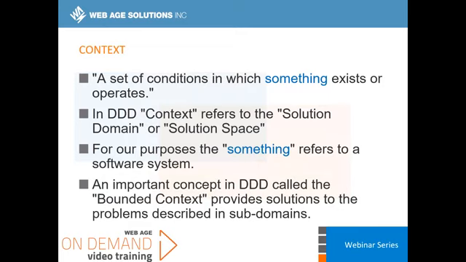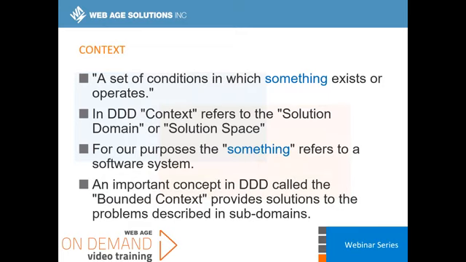An important concept in DDD is this notion of bounded context, and that's where we get our solutions to the problems described in the subdomain. So we're in the subdomain, we're describing our problem. In our bounded context, we're solving that problem.